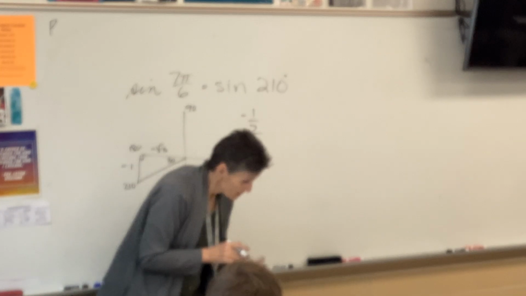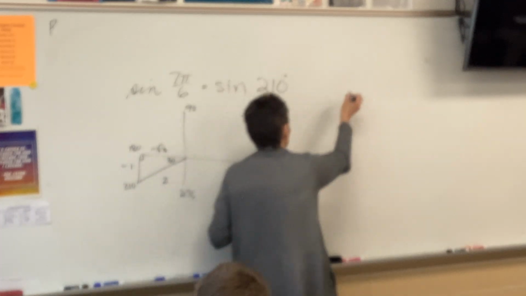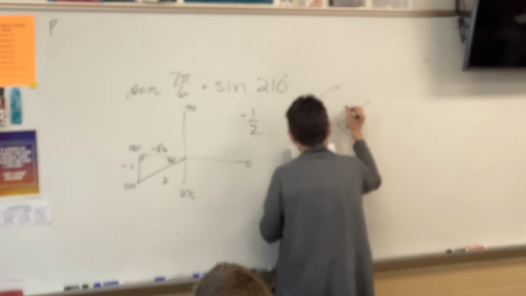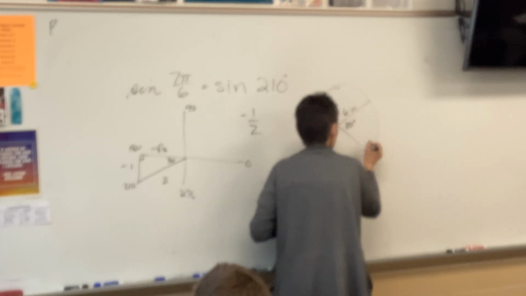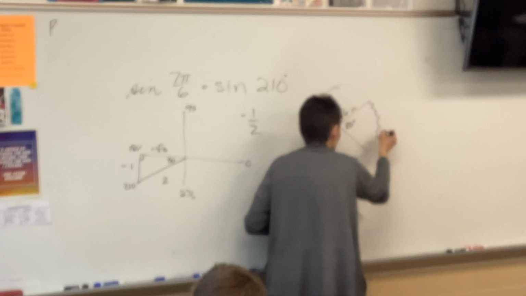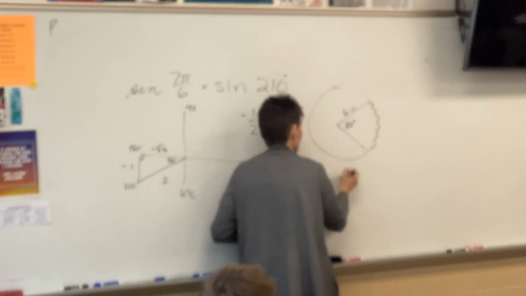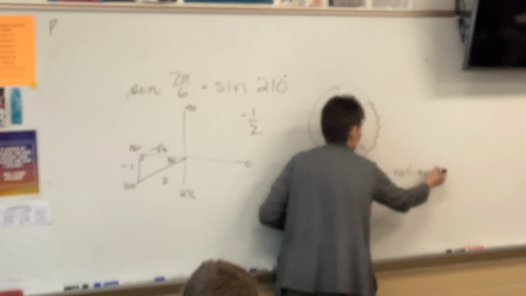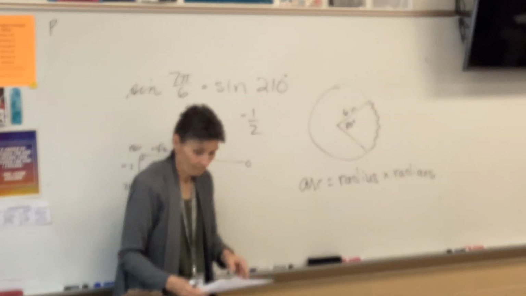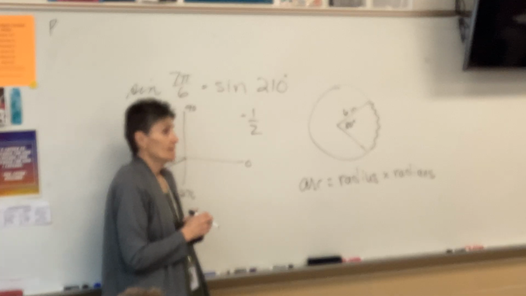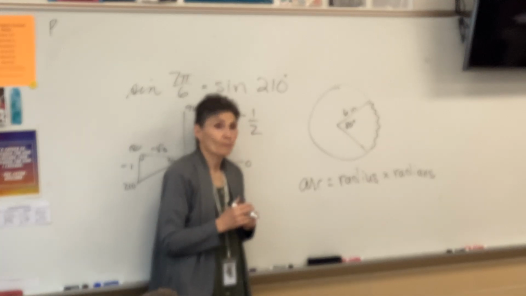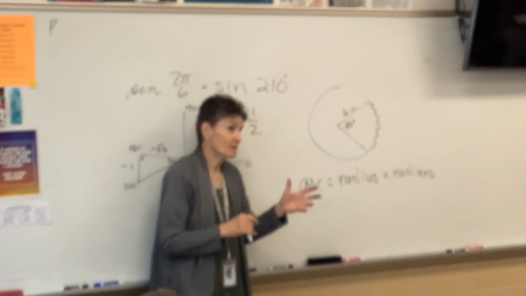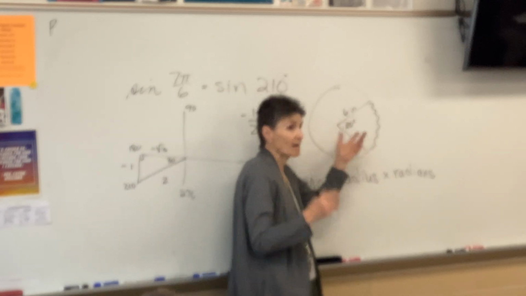Number 2 says find the arc length. When somebody says to me arc length, I immediately think radius times radians. Now, if you think radius times angle, you're right, but the angle has to be in radians, so you can't do 6 times 80.